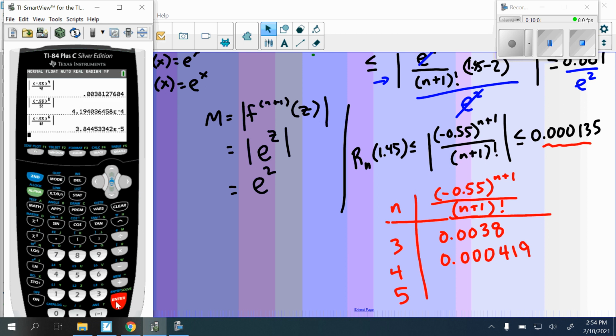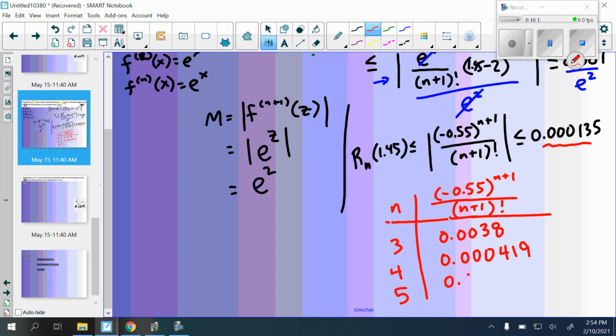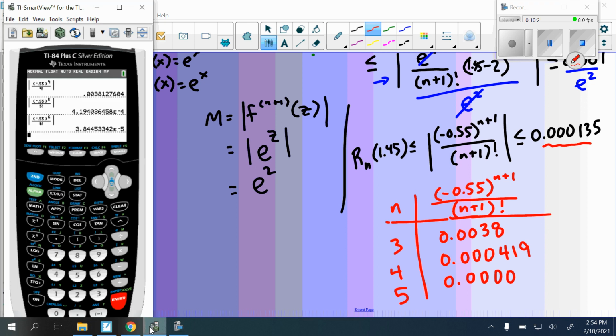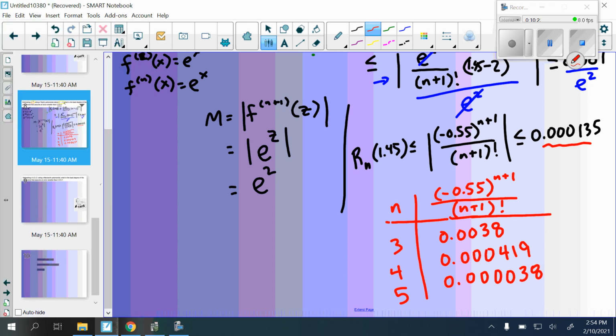Yes, now that one, we got that scientific notation number to the negative 5 power, we want to move the decimal point over 5 times, putting 4 zeros after the decimal. So it'd be 0.0000, what was that, 384. This number is now smaller than the one indicated. So n equals 5 is the degree we'd want that polynomial.